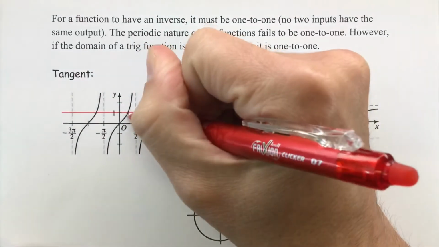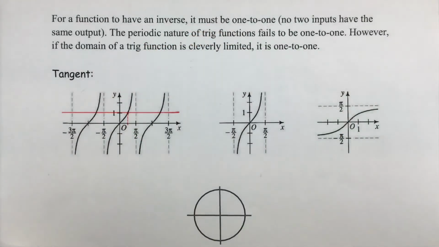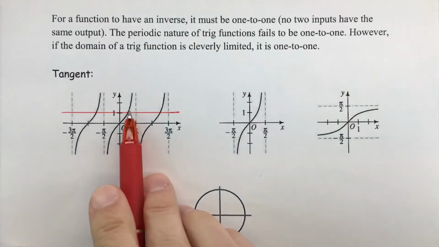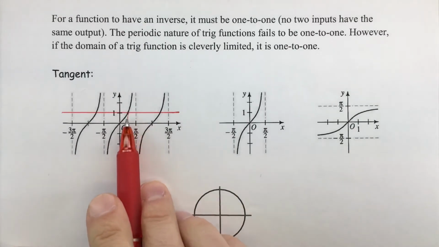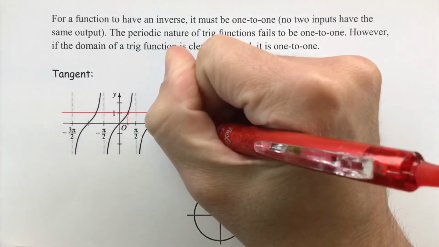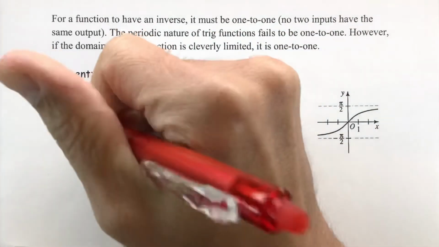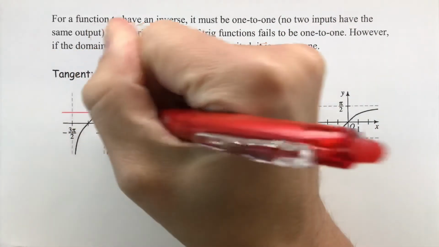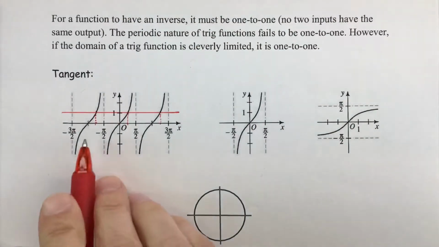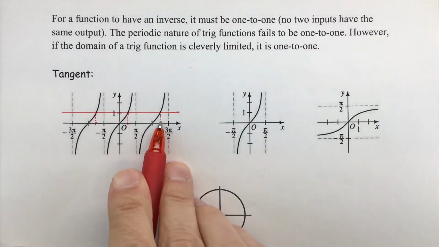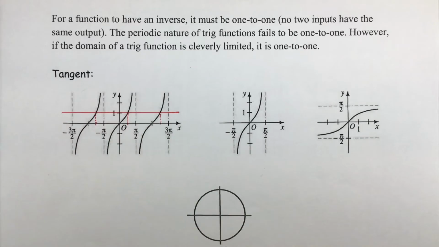Here's 45 degrees. We just looked at it above. We saw that the tangent of 45 gives you 1. But there's other places over here that do the same thing. There's a spot right here that does the same thing. So there's all these different angle measurements that are going to be giving you outputs at 1.